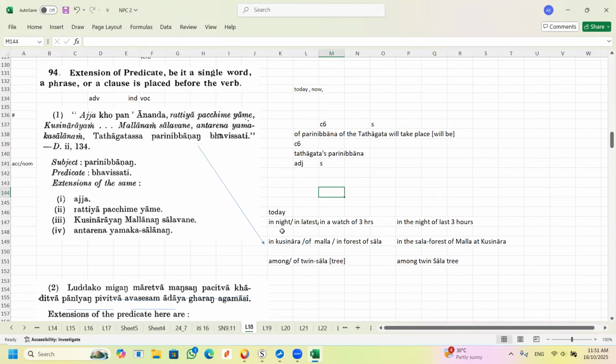This is the first line: in the night. In the last watch of the night. This one.